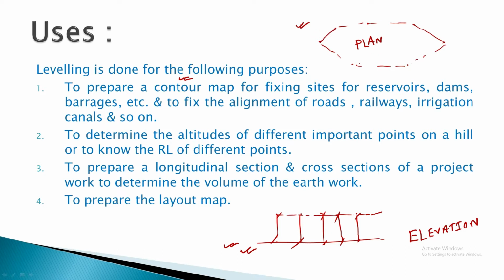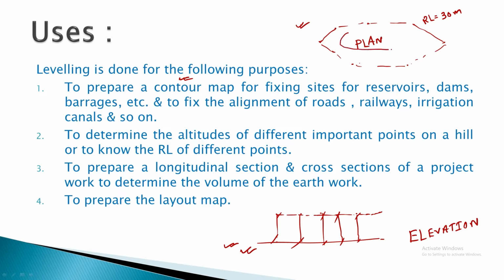This type of map shows these kinds of lines, and the RL value should be defined on each contour line. Suppose the RL value for this particular contour line is 30 meter. Then the reduced level of each point on this line is 30 meter.